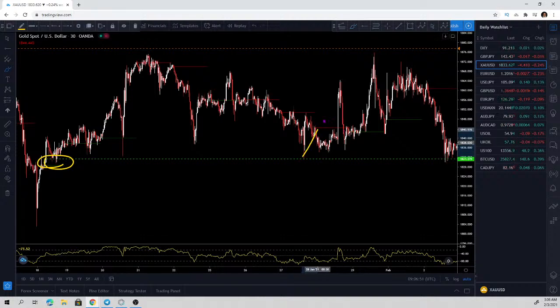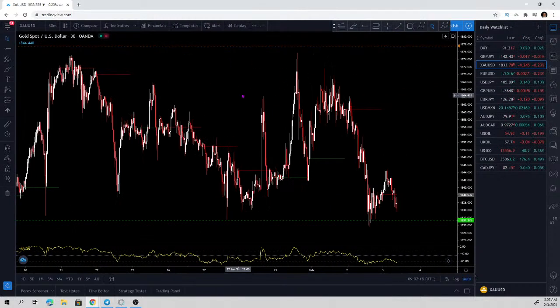And if price comes back to retest this low, our long trade idea is still valid because the range has not been broken yet. But if price comes down and breaks the previous low and breaks these lows, then our trade idea is invalidated.